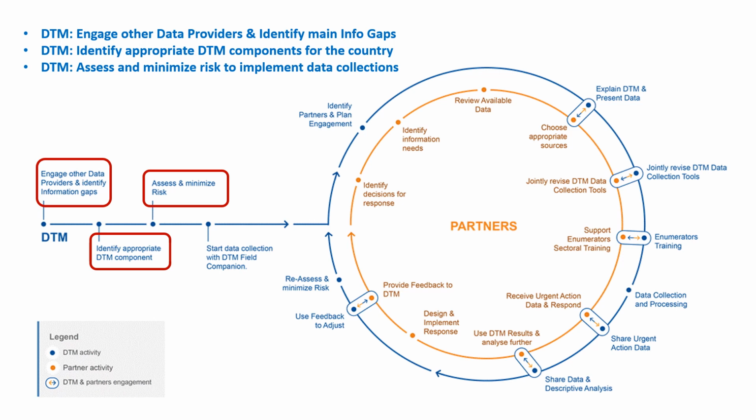Let us now look at the first steps of this process implemented by DTM when a crisis first starts or a disaster strikes. In such situations, time for engagement is limited, so DTM starts a first round of data collection by engaging with other data providers and identifying main information gaps, then identifying the appropriate DTM components or methodologies for the response, and assessing and minimizing risks that come from implementing data collection.